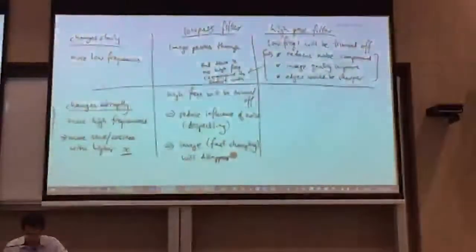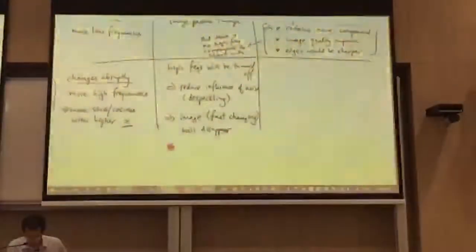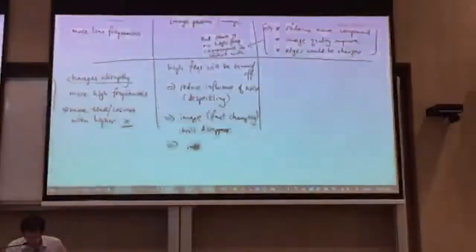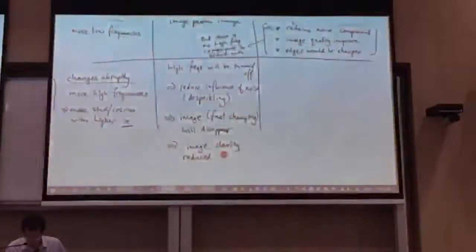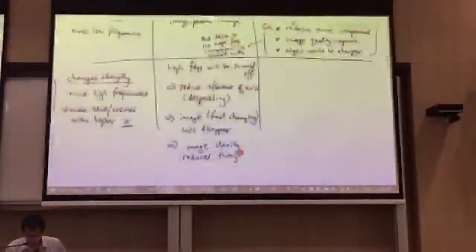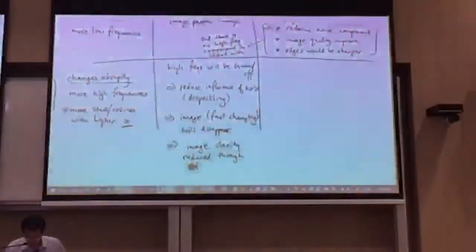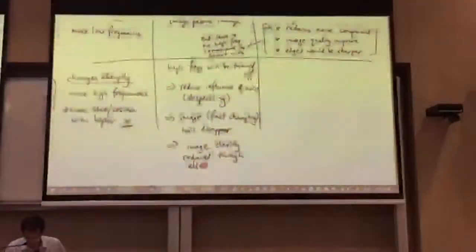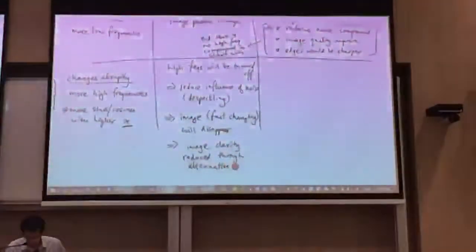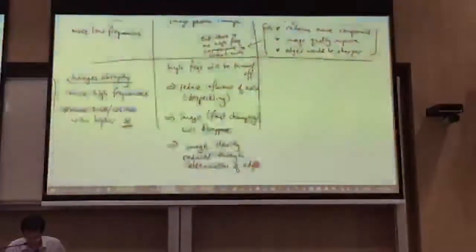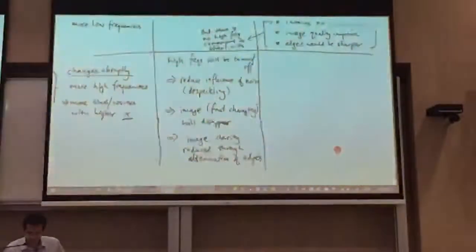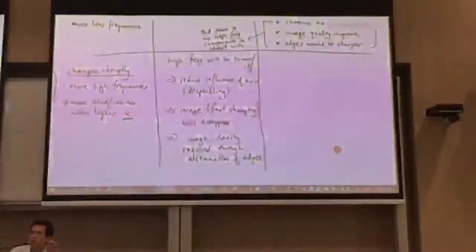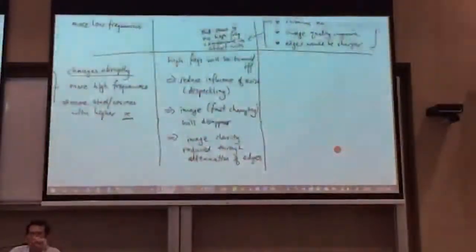Now, there's another one. The image clarity will be reduced through attenuation of edges. So this attenuation of edges sometimes is not a bad thing.